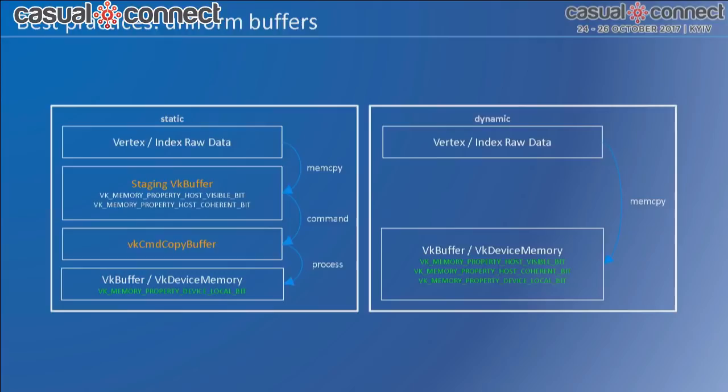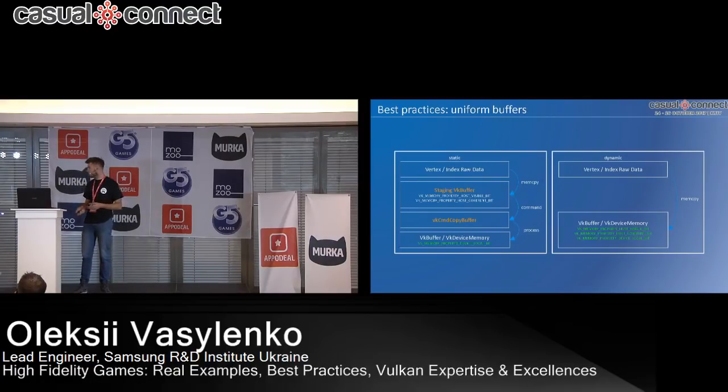So we can use map and unmap memory, and we will get an actual pointer to our memory. But there is another type. It's called device local. This memory doesn't provide you any access to actual pointers, so you should use the internal Vulkan API to copy something inside it. But according to the spec, it is the most efficient memory type in Vulkan.